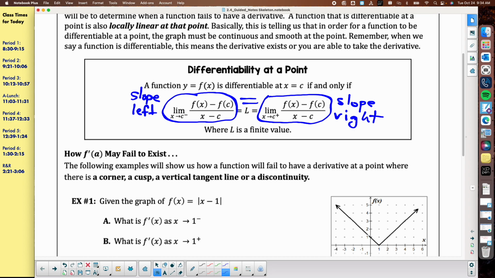Because that's partially what makes this class difficult, there's just so much notation. And it says it has to equal L, where L is a finite value. So that basically just means it has to be a number. Okay, so slope on the left, slope on the right means that it has a derivative.